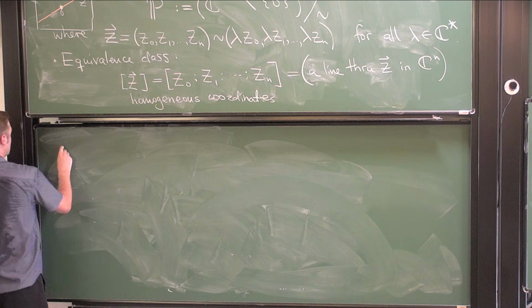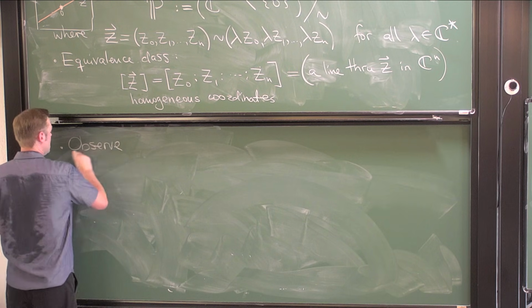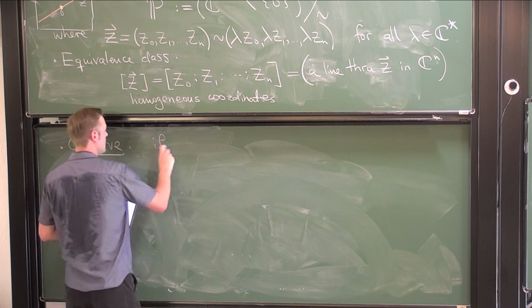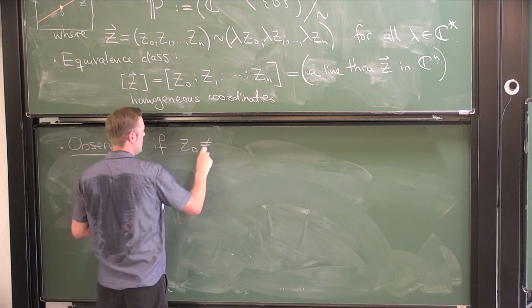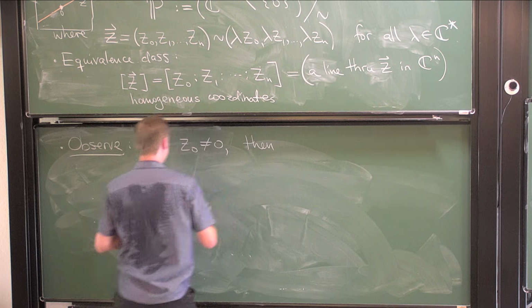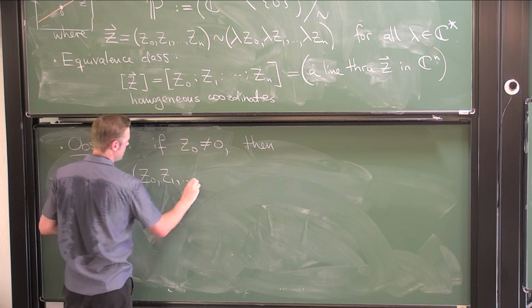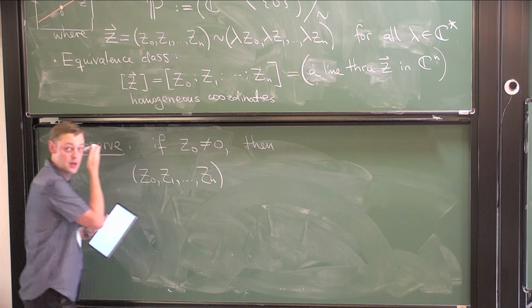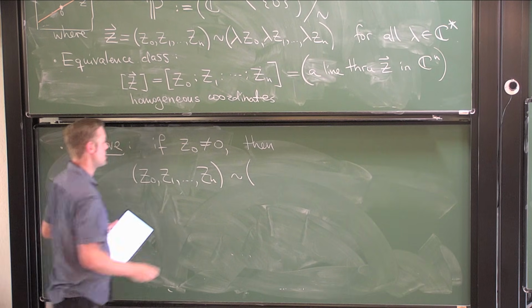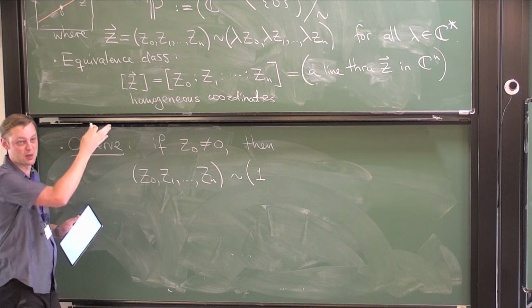So I'll just write this as a bunch of observations. So observe. If, for example, z0 is non-zero, then this tuple z0, z1, down to zn is equivalent, under our equivalence relation, to one where I just divide by z0, or multiply by 1 over z0.